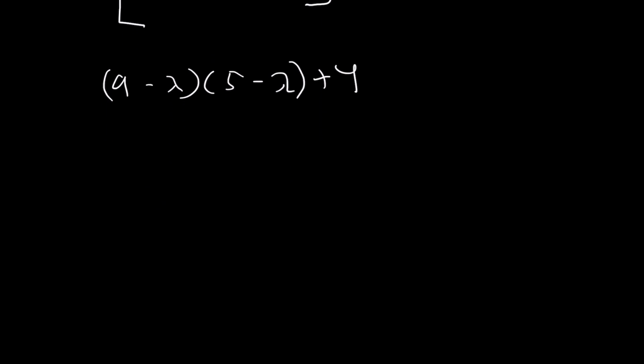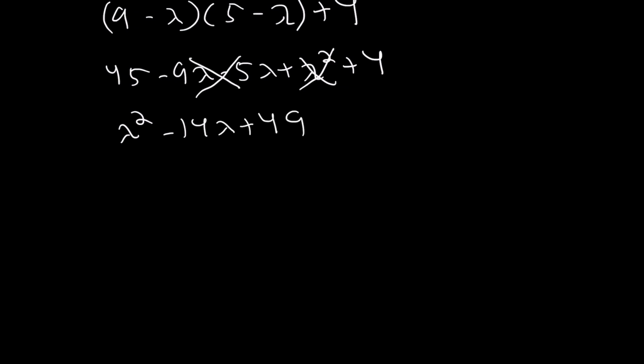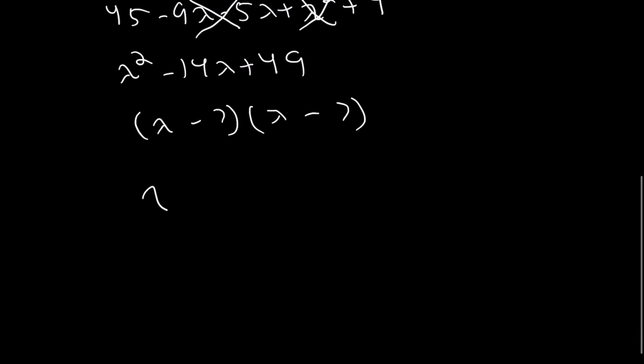9 times 5 is 45, minus 9 eigenvalue minus 5 eigenvalue plus eigenvalue squared plus 4. That's going to be eigenvalue squared minus 14 eigenvalue plus 49. That's pretty simple. That is going to be 7 and 7. So that is going to be eigenvalue 7 with multiplicity 2.